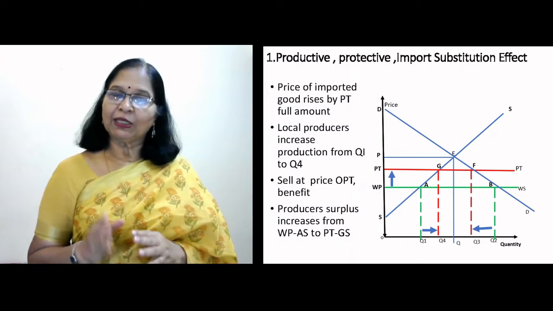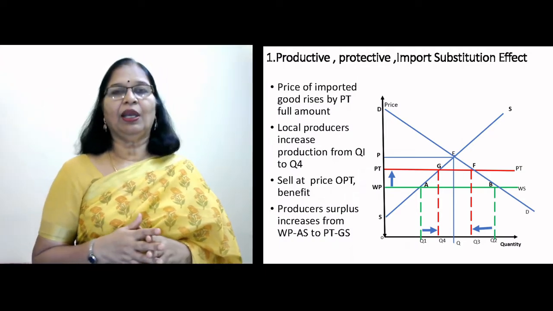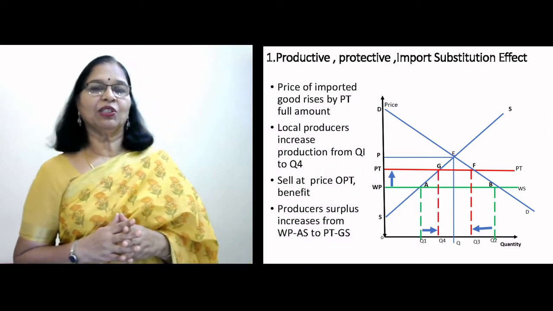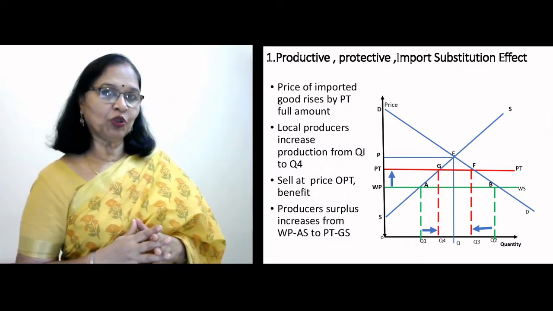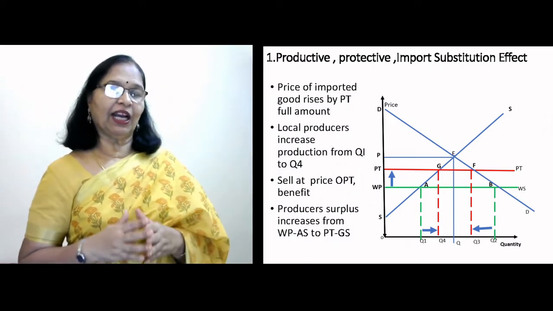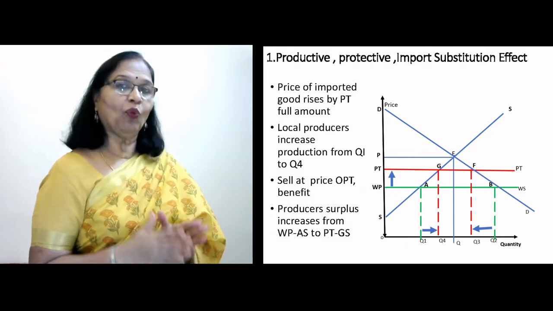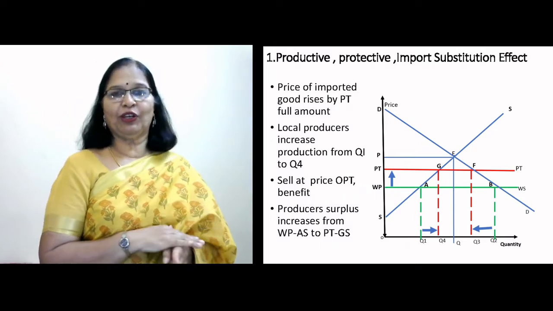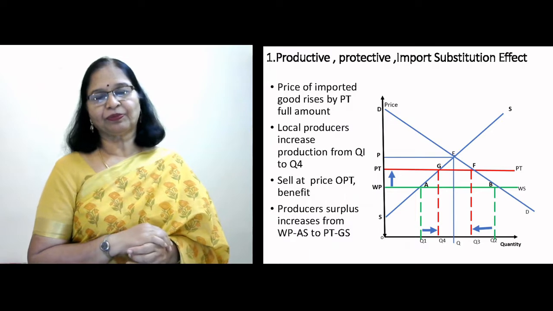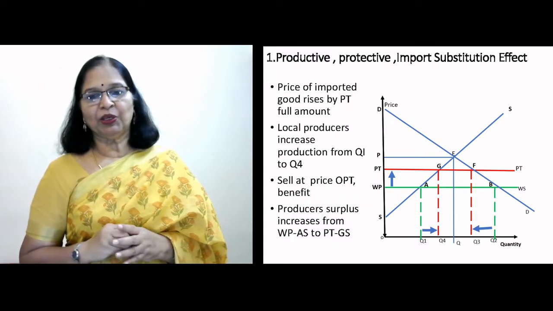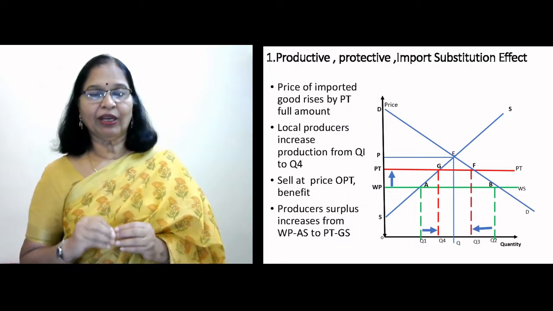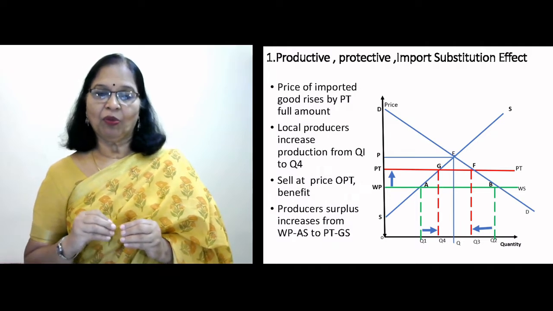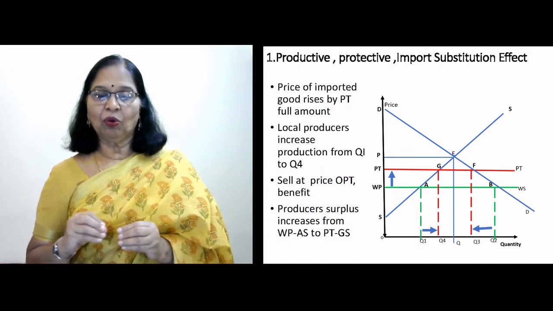So what will be the response of the producers? Obviously, the producers will find an incentive to produce more, because they can sell at a higher price than when there was free trade in the economy. So the domestic producers will now increase their production from OQ1 to OQ4.